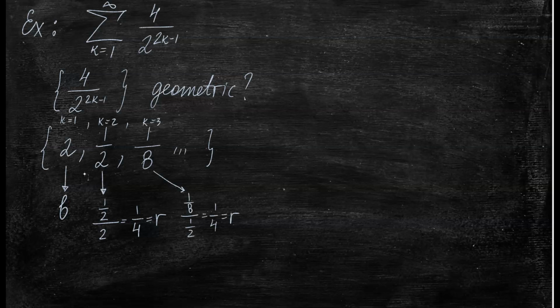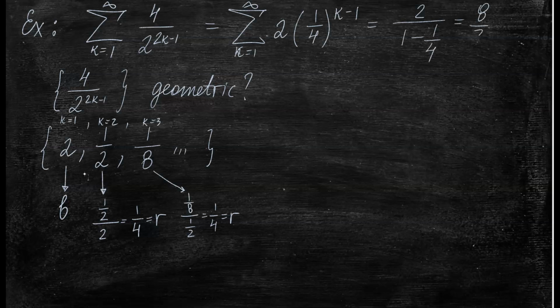That's actually one of the properties of geometric sequences. So this is one way to identify that we have the following geometric series. And if that's the case, then the sum will be equal to the first term divided by 1 minus the common ratio, so it will be 8/3.